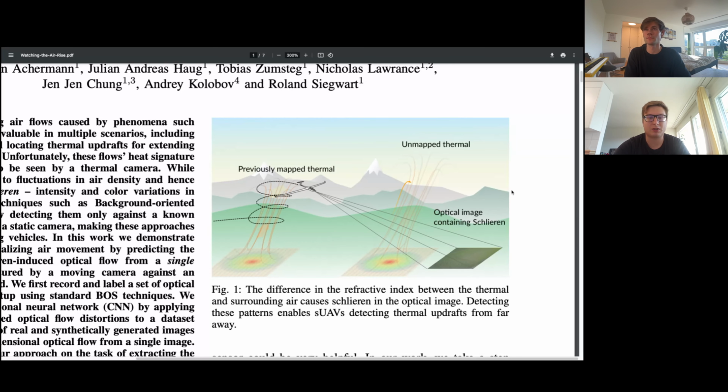There is some other work that observes clouds. Above large thermal updrafts, there are certain clouds forming with certain shapes. So if you can detect those, for example with a camera, you could also potentially detect thermal updrafts. There are also other clues.